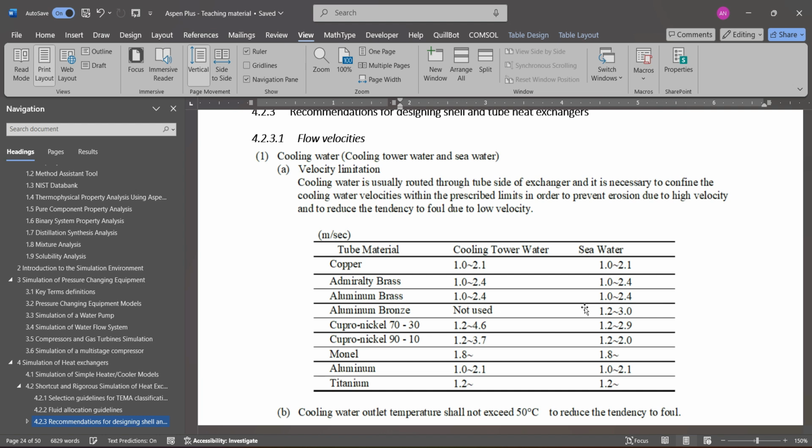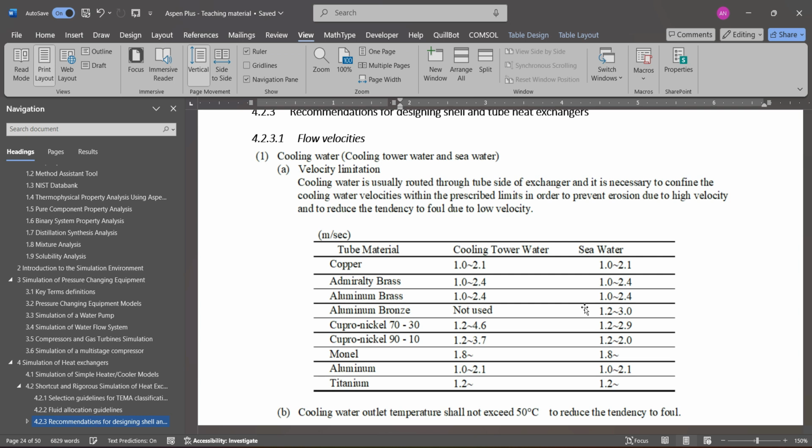If the velocity is too low, that means we are getting into the laminar region where the heat transfer rates should be very low. But if the velocity is too high, we can end up with vibrations in the heat exchanger, or we are putting the material in trouble, which can cause erosion as well.